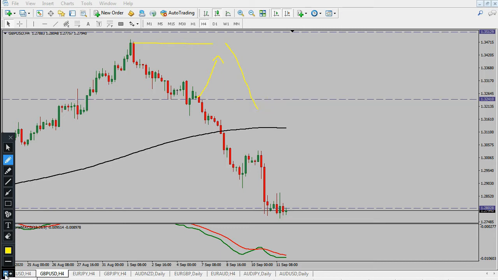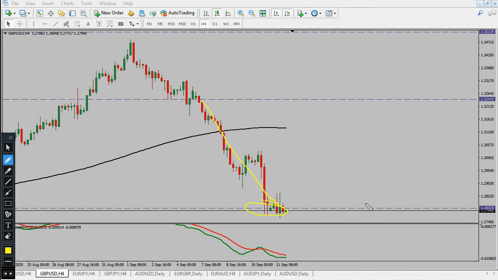But I also told you that if price breaks this strong support zone, then we might see some downward move to meet our target, and I also shared my target over this area, and price is moving as I expected. Price broke this area with a strong impulsive move and went downwards to meet our target.